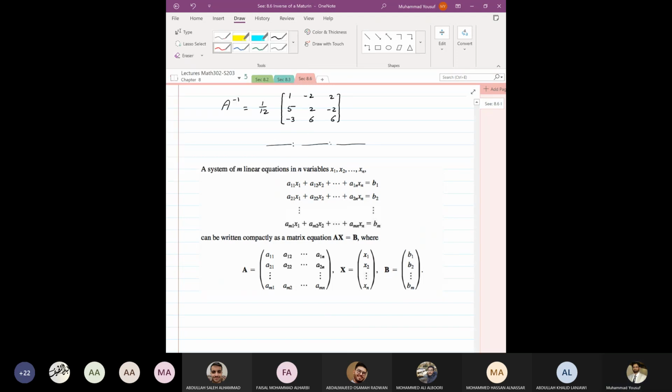Solving a linear system by using inverse.